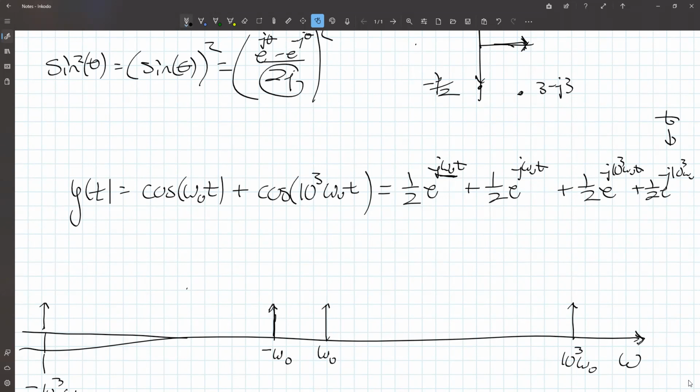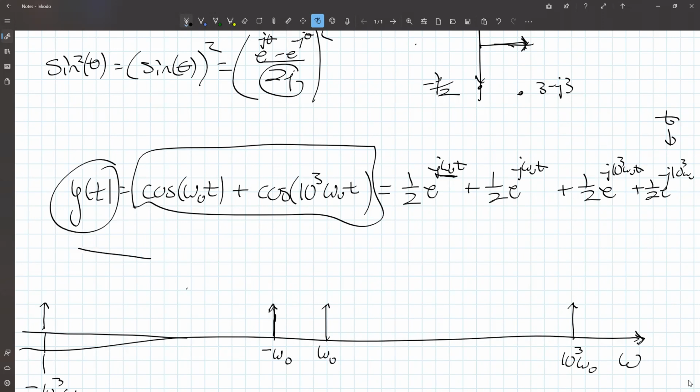And let's say that we pass that signal into the system. Just for fun, we'll say that this is our system, and then this is our output. Here's an X, we put it in, here's our H, and then we get this output.